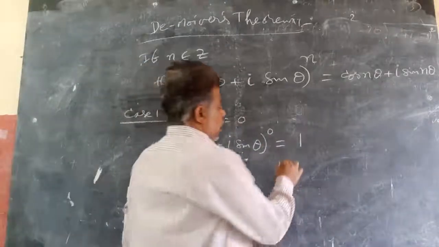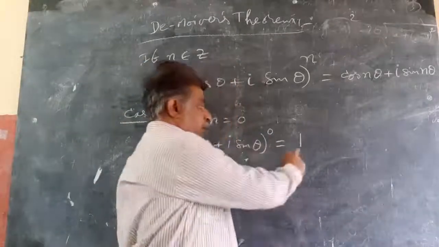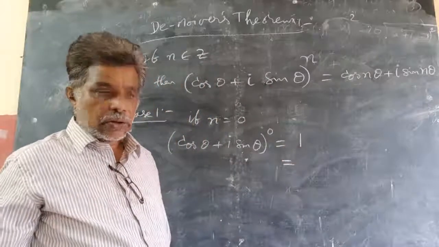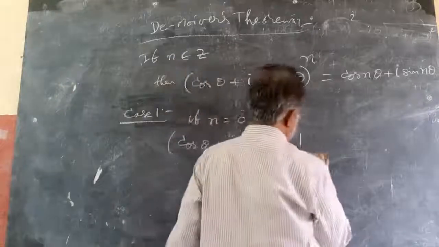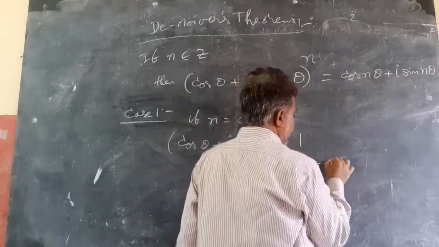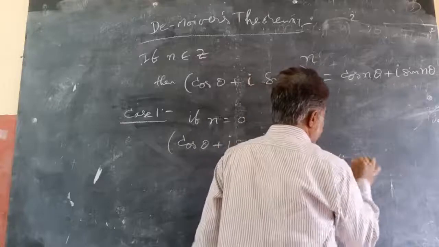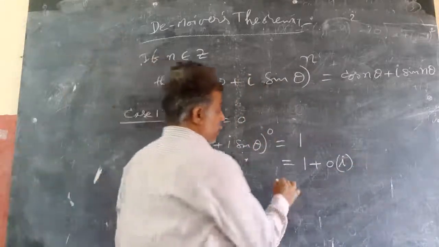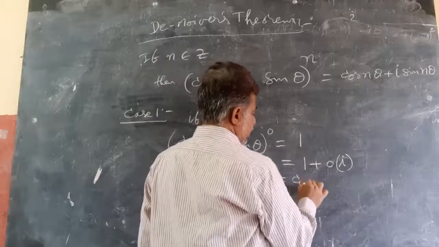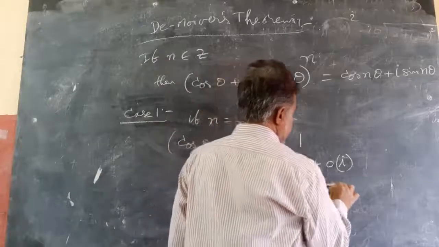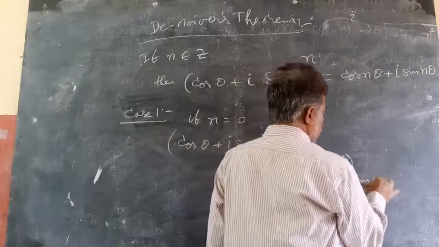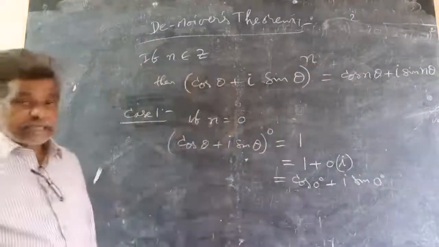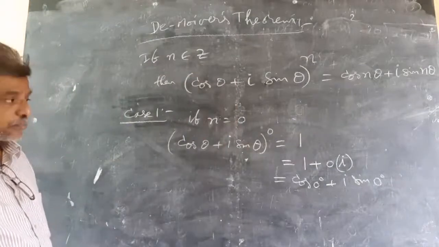Now, how can we write this 1? Cos 0 is 1 and sin 0 is 0. So I will write 1 as 1 plus 0 into i, which is cos 0 plus i sin 0.